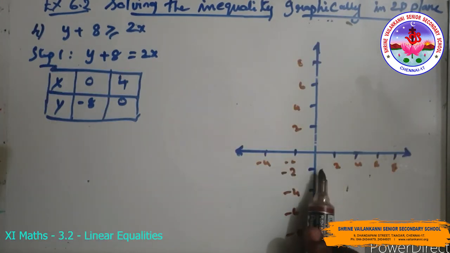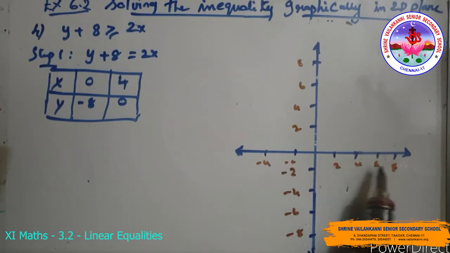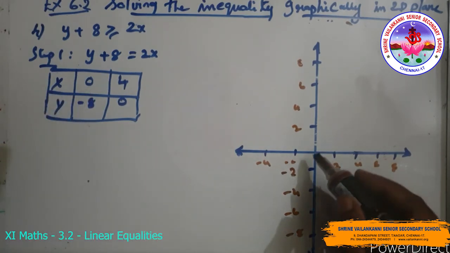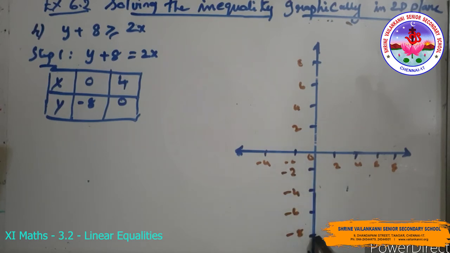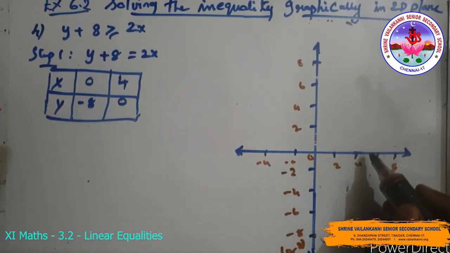I have taken 1 centimeter equal to 2 units. So 2, 4, 6, 8, minus 2, minus 4, minus 6, minus 8. So x is 0 and y is minus 8, which is 0 comma minus 8. And then x is 4, y is 0.